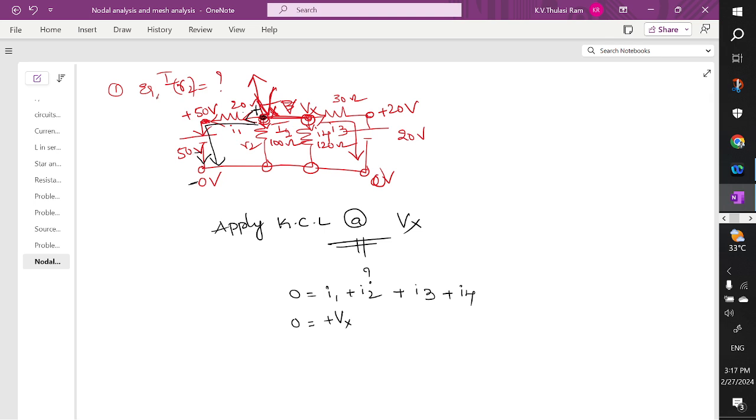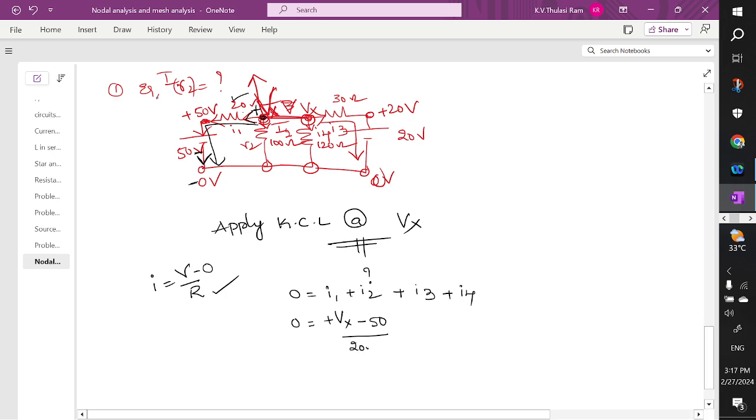Okay, so here you have minus 50, and the formula for current is I equal to V by R. So you can write down high potential minus low potential by R. High potential is plus Vx, and current is leaving. Minus 50 divided by R. What is the value of R? It is given in the problem as 20 ohms. Plus, how to write down the I2 current?